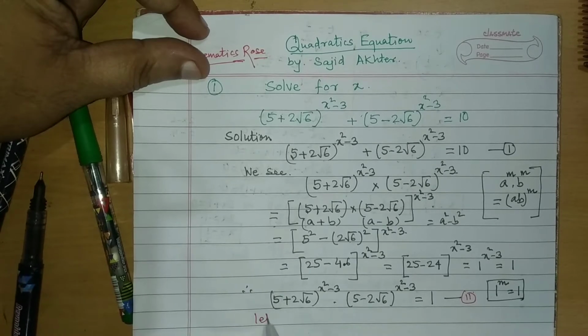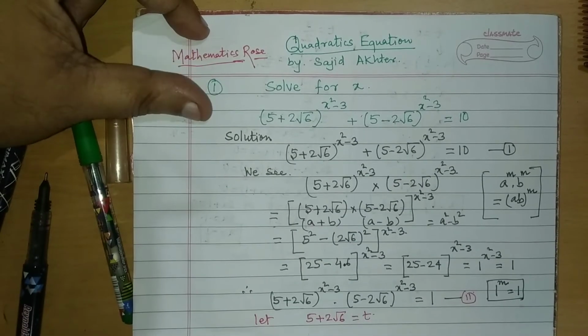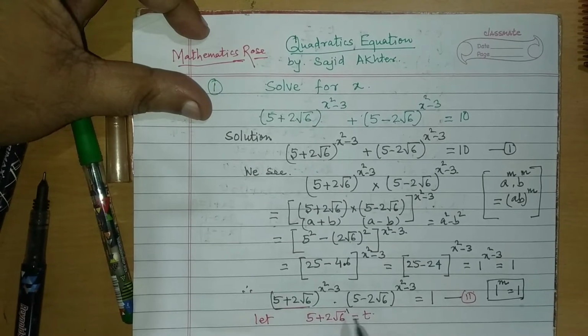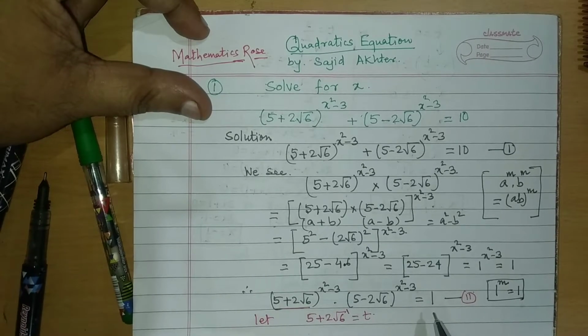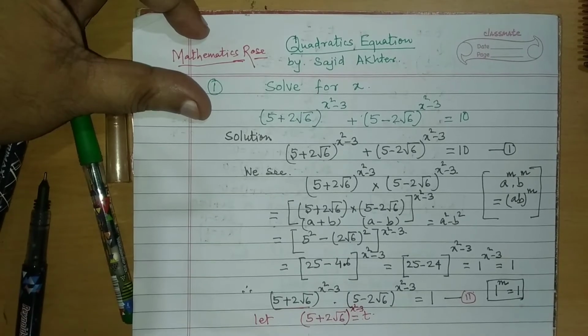Let 5 + 2√6 whole to the power x² − 3 be equal to t.